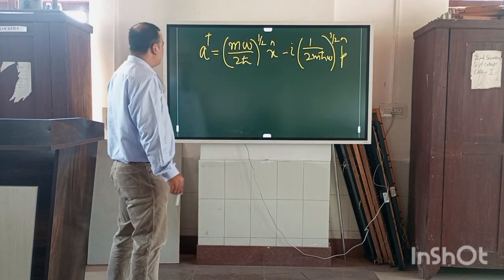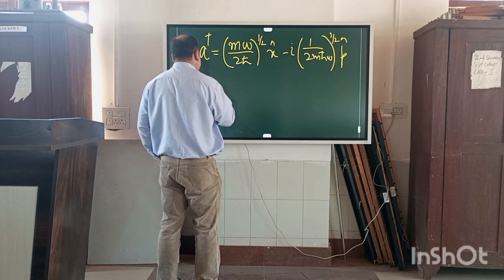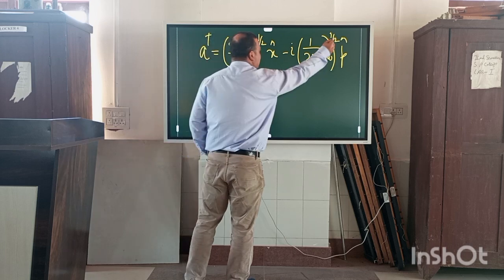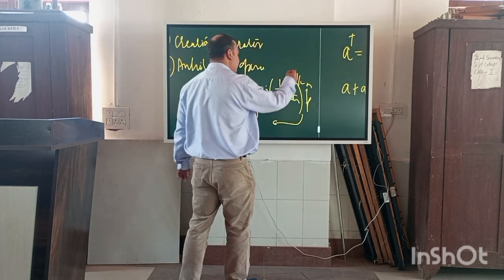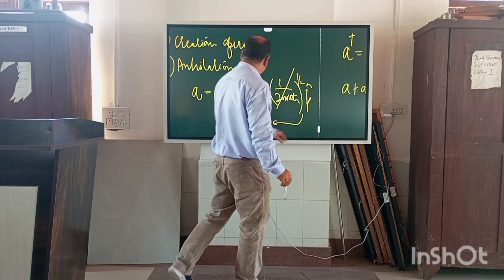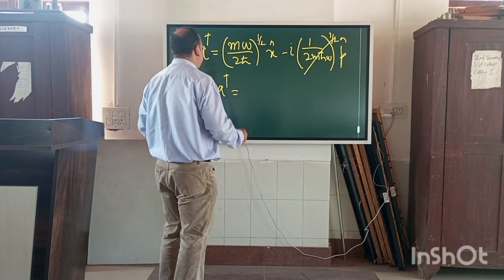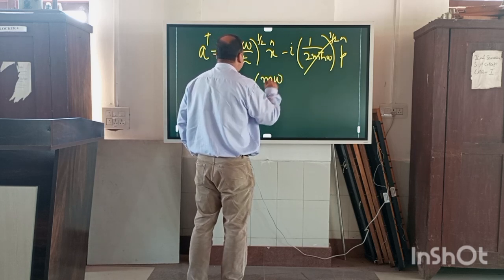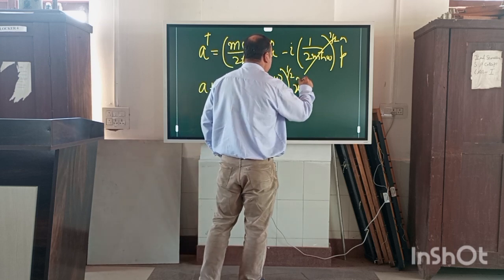So as we proceed, we add the two equations. What we get is A plus A dagger. Once we add the two equations, the momentum part will cancel. So the position part will be added, and what we will obtain is 2 times (m omega by 2 h bar) raised to power 1 by 2 x cap.